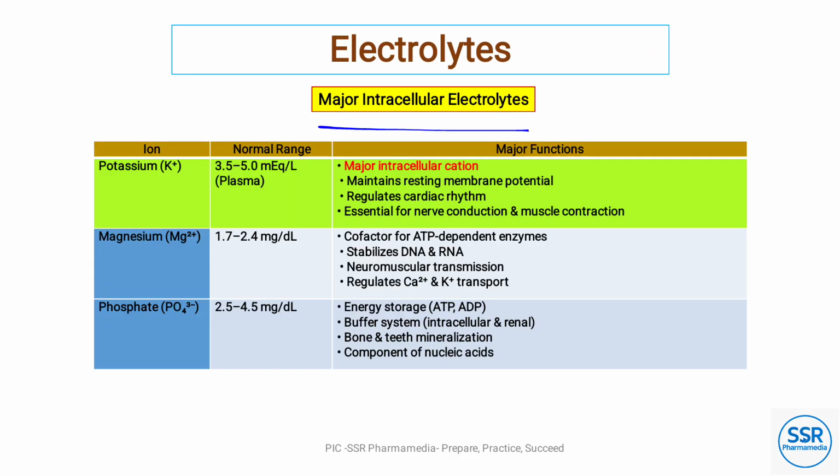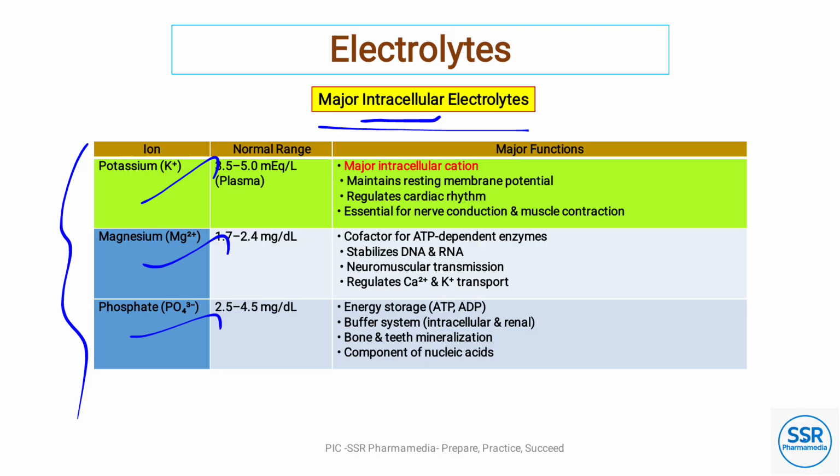Next, some major electrolytes. Among major extracellular electrolytes we have sodium, calcium, bicarbonate, and chloride, which are required in major quantity. The major intracellular electrolytes are potassium, magnesium and phosphate.